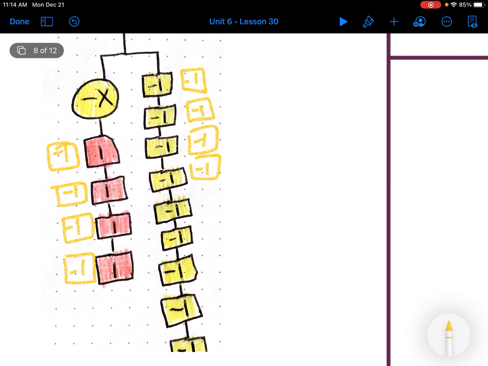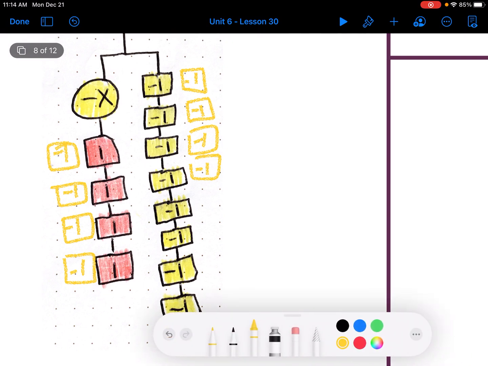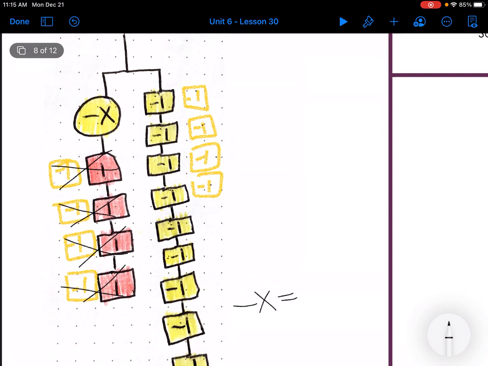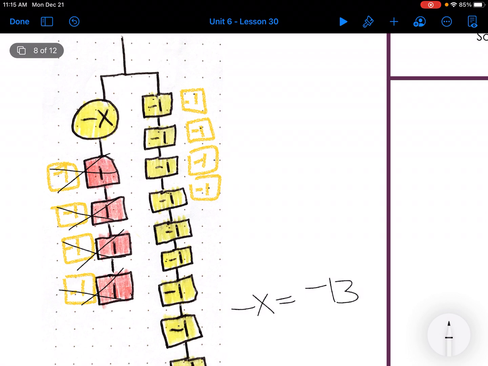So I'm going to X out my 0 pairs. So that means anywhere I have a red and a yellow, I can cross them out. So that's 1, 2, 3. So now I have negative x is equal to 1, 2, 3, 4, 5, 6, 7, 8, 9, 10, 11, 12, 13, negative 13.